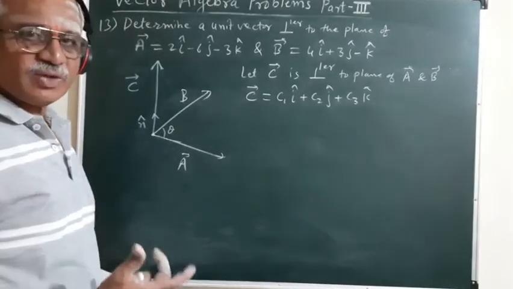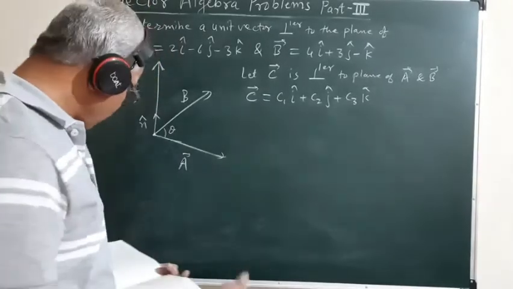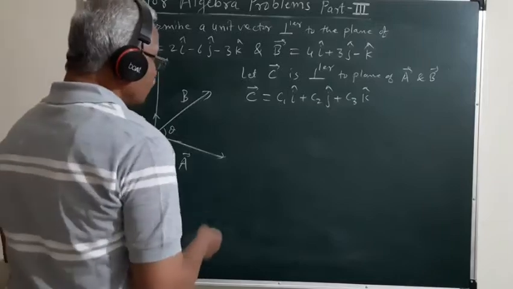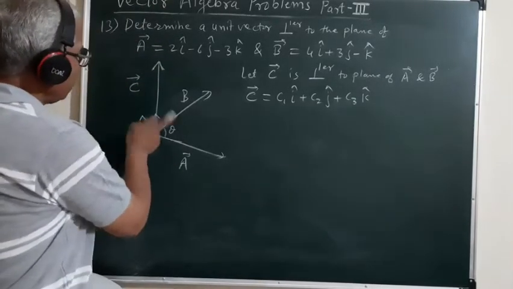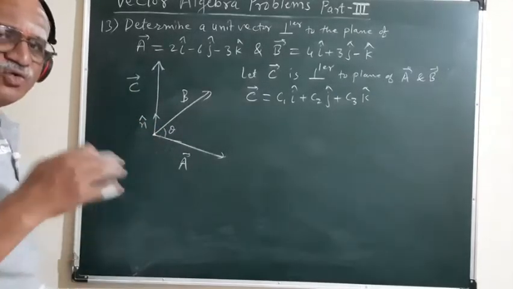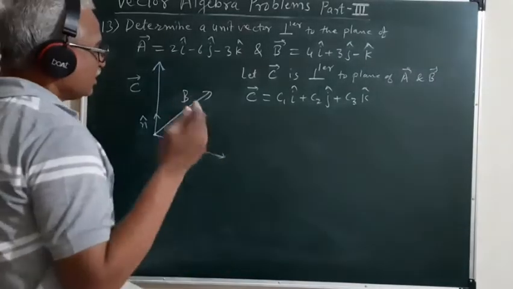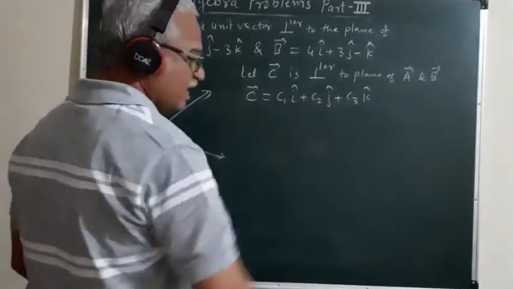So evaluating the dot product of C bar with A bar and of C bar with B bar and equating them to 0, we shall get expressions in terms of C1, C2 and C3.